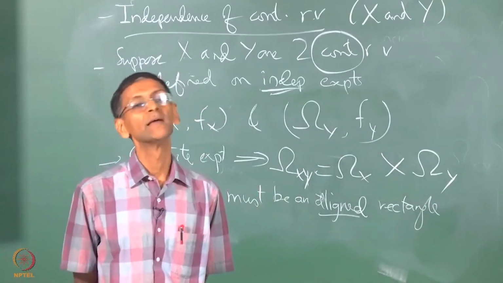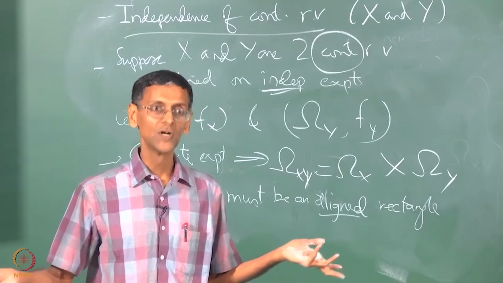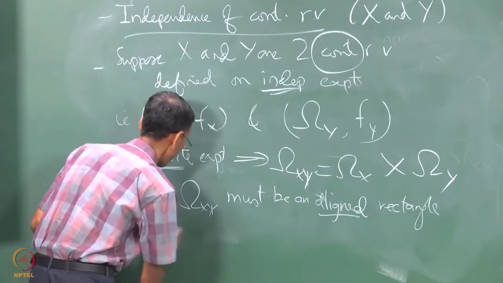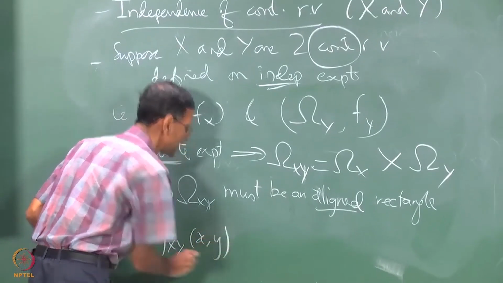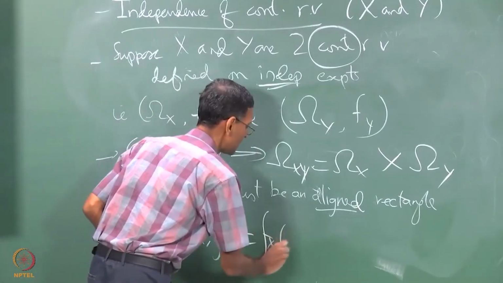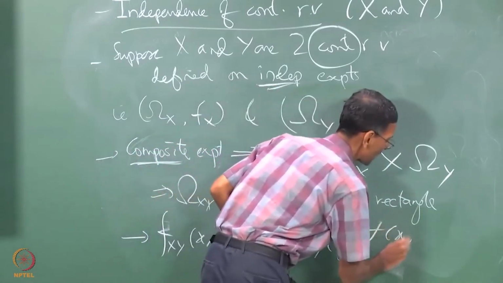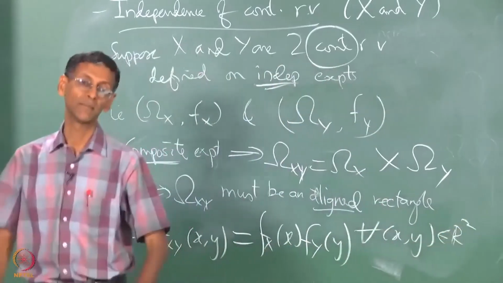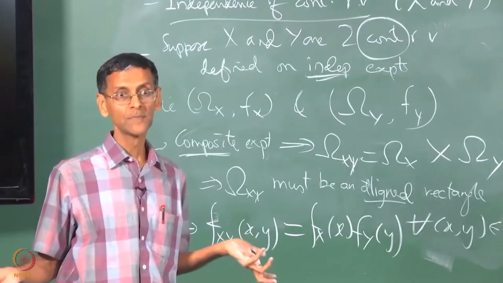What about fxy? I will obtain fxy by taking the product of fx and fy. What does that give me? So this is an important equation now. This composite joint PDF I claim in this case is exactly the product of fx and fy, for all x, y actually in R squared, not just omega xy, because outside that the zeros will anyway kick in.